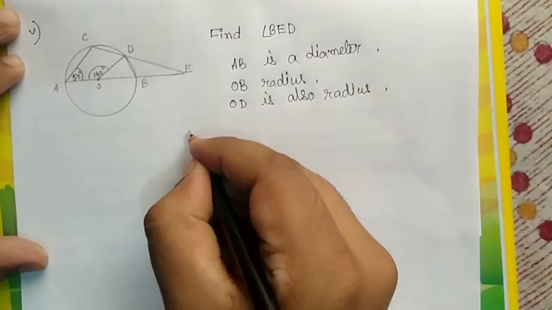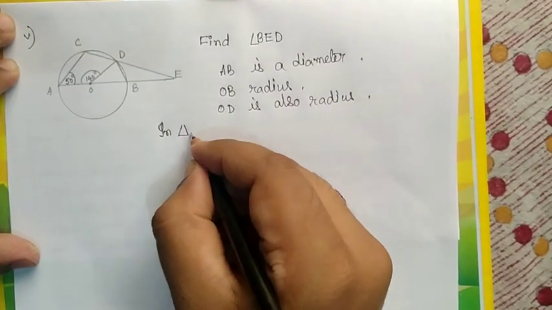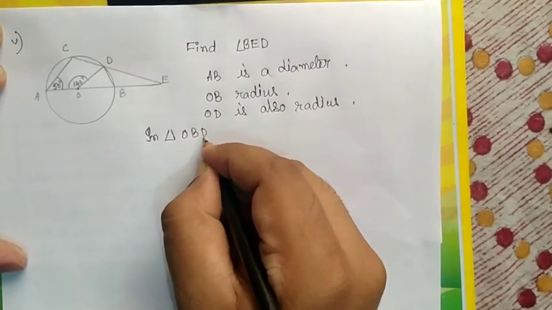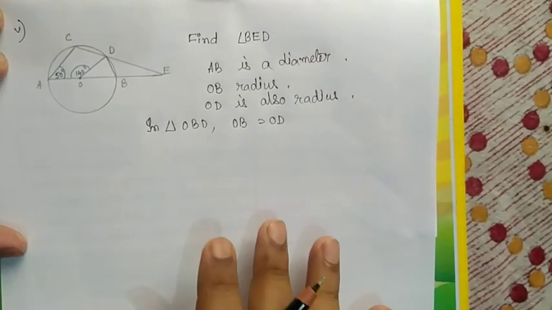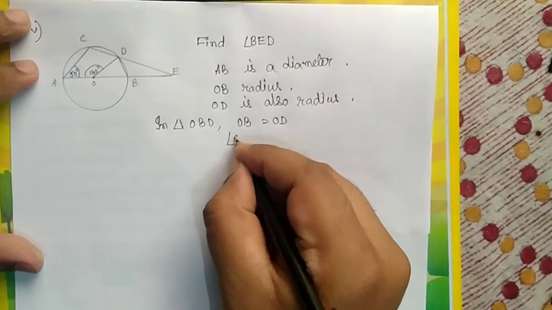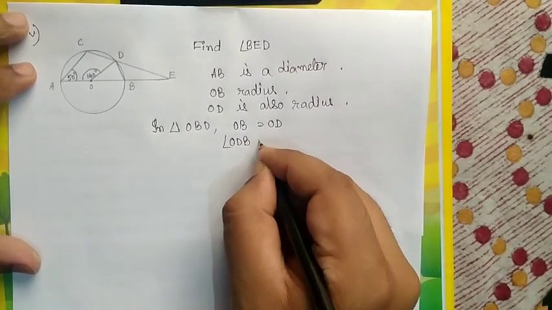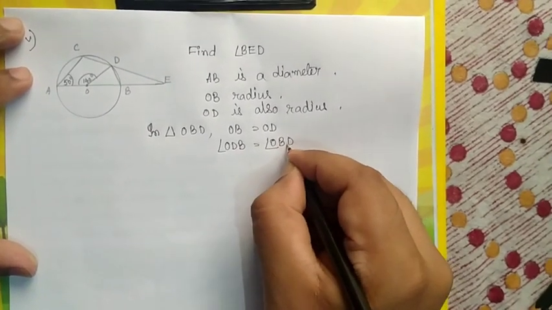Therefore in triangle OBD, OB equal to OD. So therefore opposite angles of these sides, angle ODB equal to angle OBD.